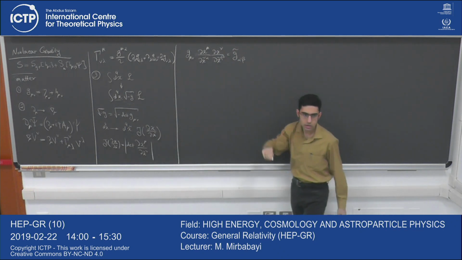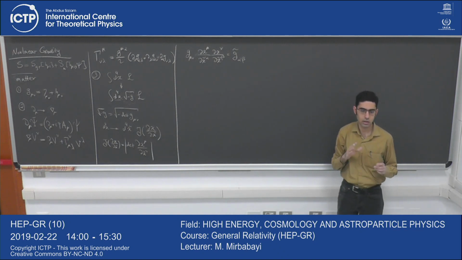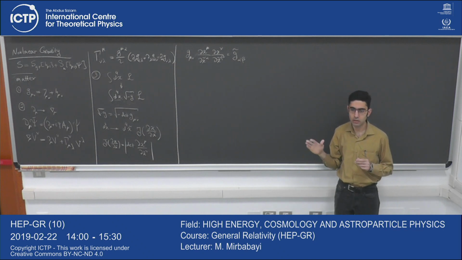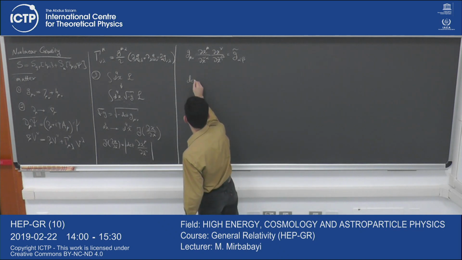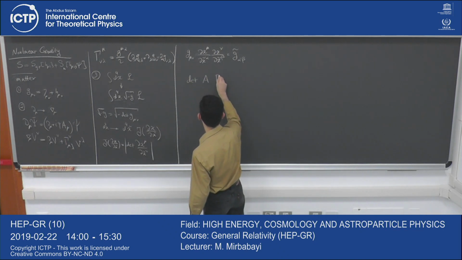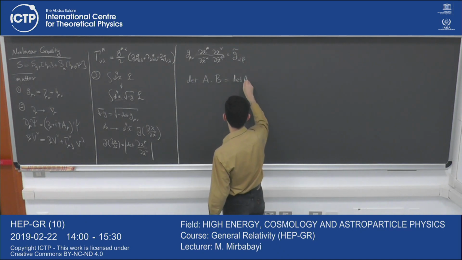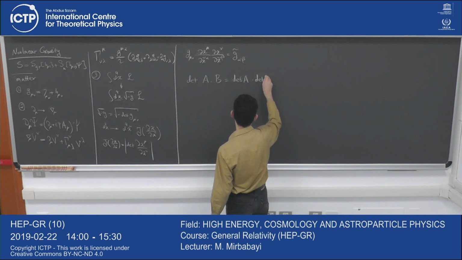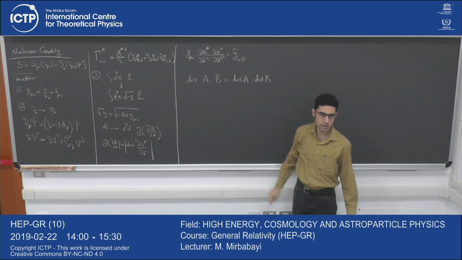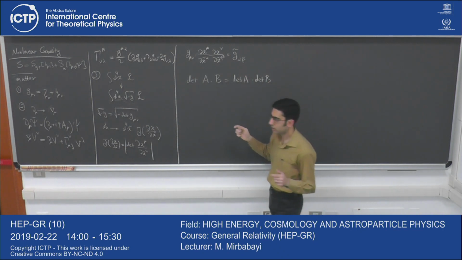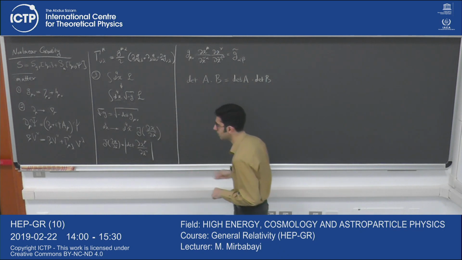So if I take the determinant of both sides of this equation and use the fact that the determinant of A dot B, where A and B are two matrices, is equal to determinant A times determinant B, I will see that g transforms in exactly the opposite way, or basically it absorbs this Jacobian factor.